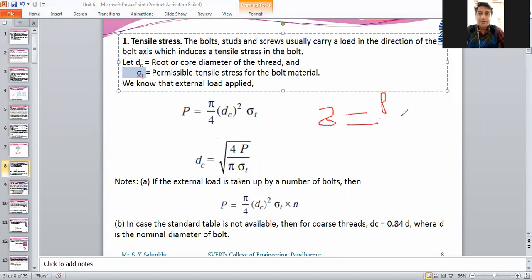So we calculate the force which is sustained if the permissible tensile stress is known, that is, tensile stress multiplied by the area undergoing the tensile load. Hence we can calculate the load carrying capacity of that particular bolt.